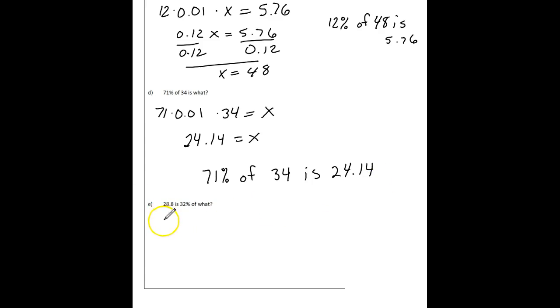And here we go, last one. 28.8 is 32%. Remember that percent means I have to have that 0.01 in there, of, meaning multiplying, and what is my variable. So I'm going to simplify. How do I solve?